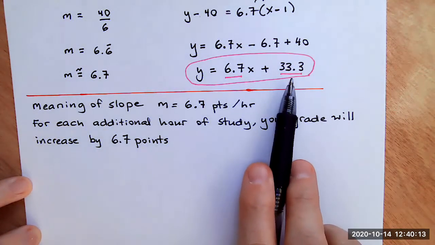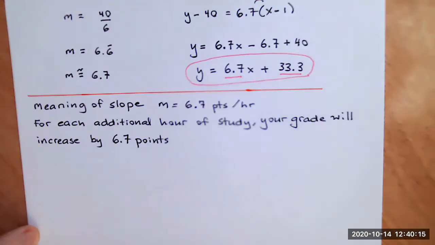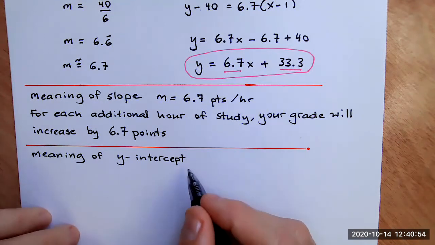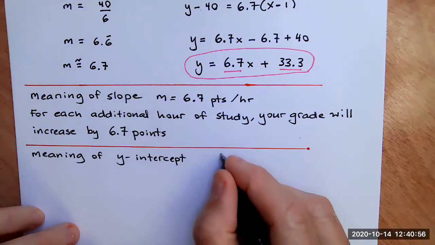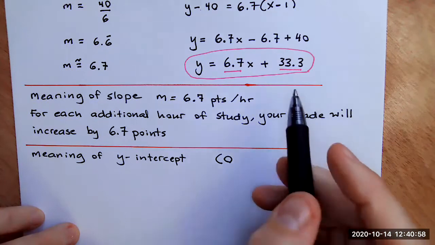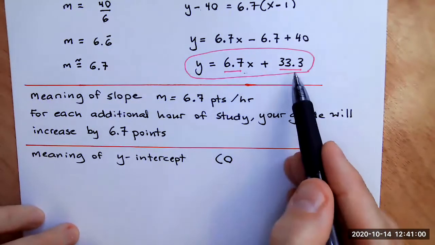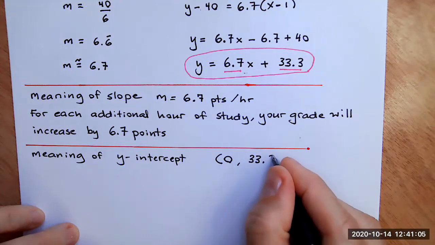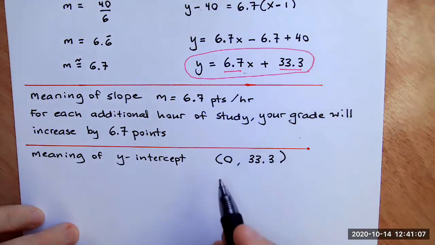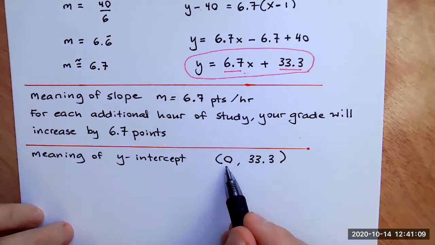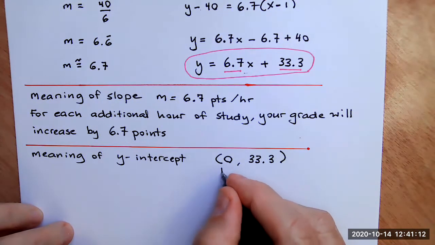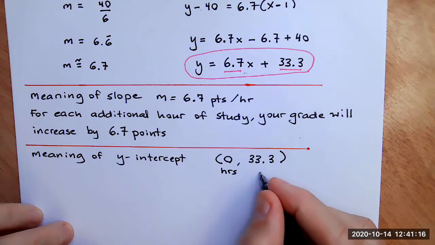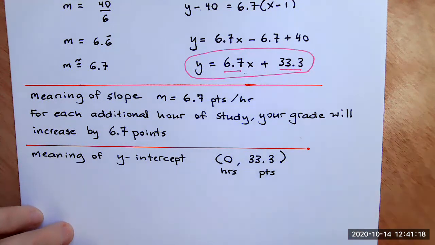Now let's look at the meaning of the y-intercept. The y-intercept is where x is equal to 0. When x is 0, y is equal to 33.3. And remember, the value of x is the number of hours studied, and the y value is the number of points.